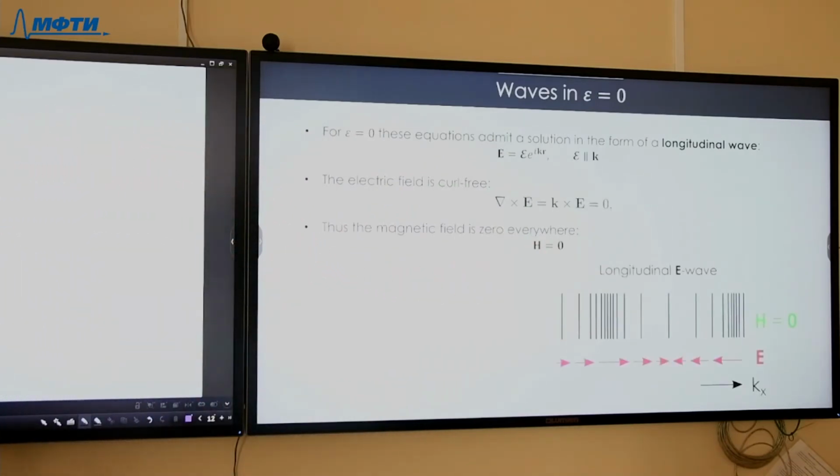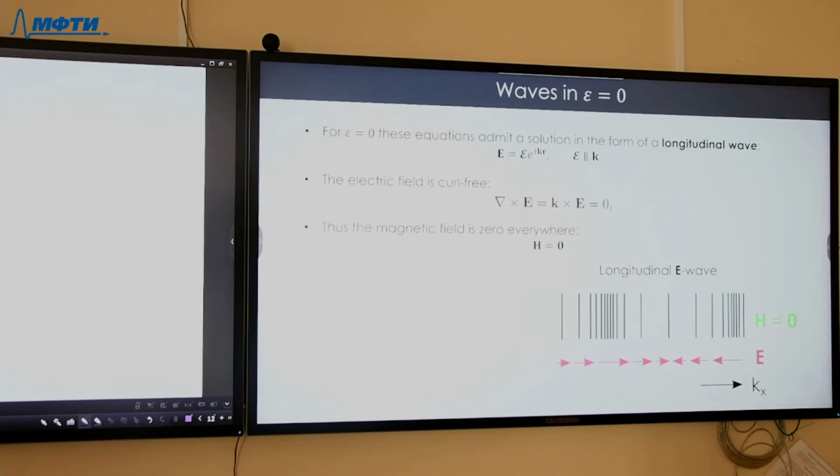This is a longitudinal wave where electric field is parallel to k, and if we were to visualize how this electric field in such a longitudinal wave oscillates in space, we could visualize it by using these density lines. So the density of these lines corresponds to the magnitude of electric field locally.